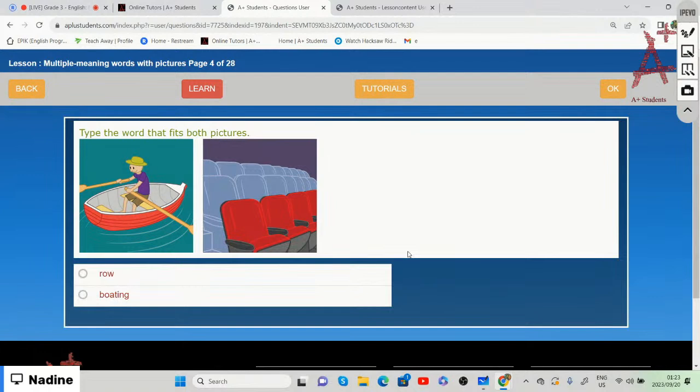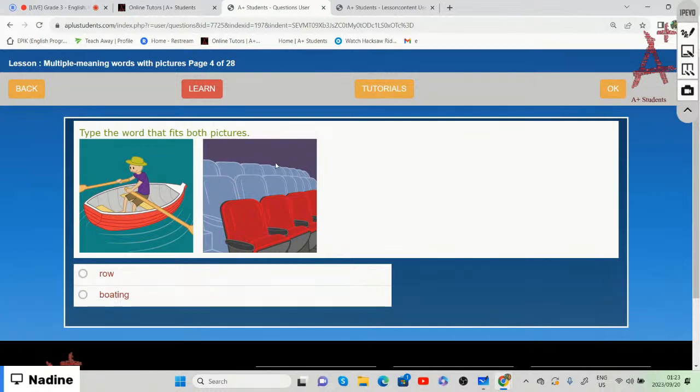Now we have a man in a little boat. What does it mean? Does it mean rowing, he's rowing, trying to catch fish, or is it boating? So if we look at this word, do we have row and boating?